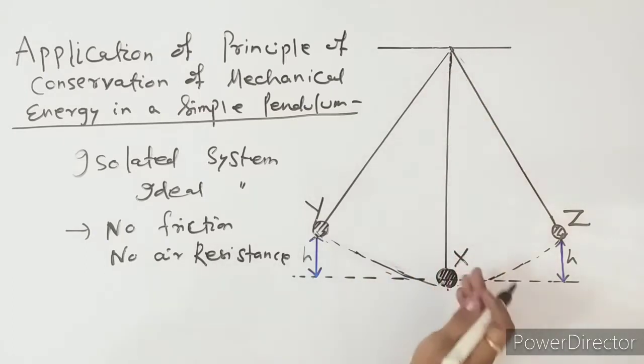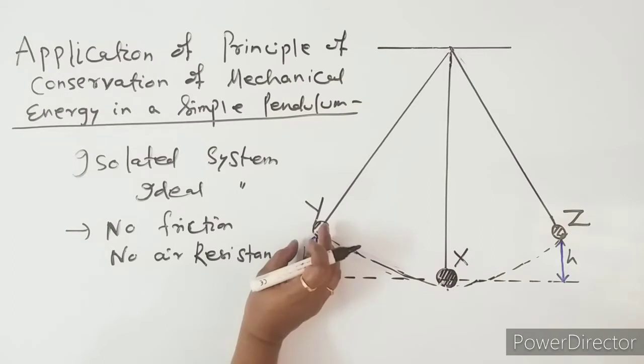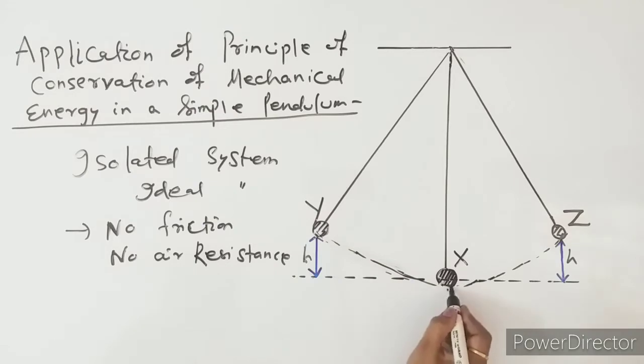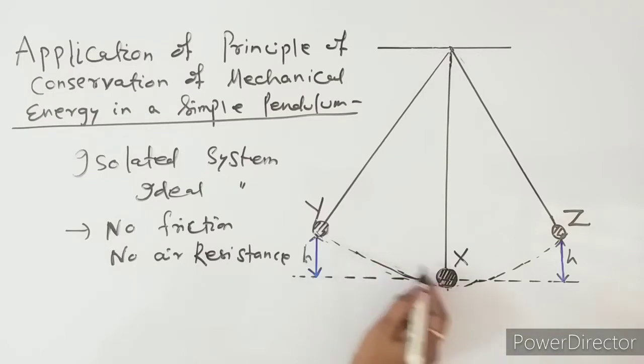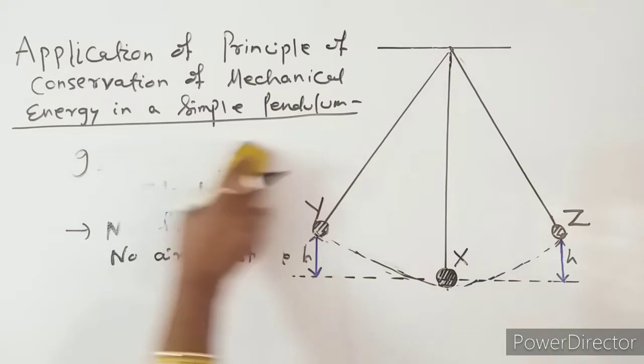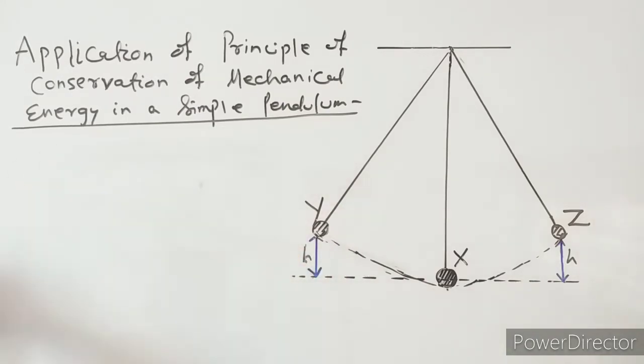Because this is the length, it is taken from one side to the other side, so it is at h height from here. One thing remember, when it is at this position it has zero height or minimum height. So when it is taken from x to y, gradually its height increases. When height increases, obviously we know the potential energy increases.